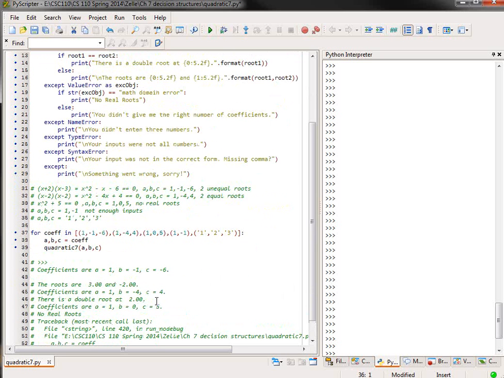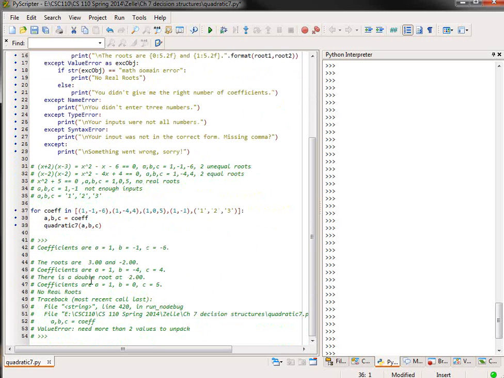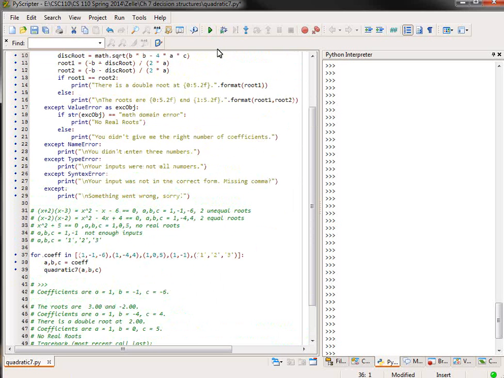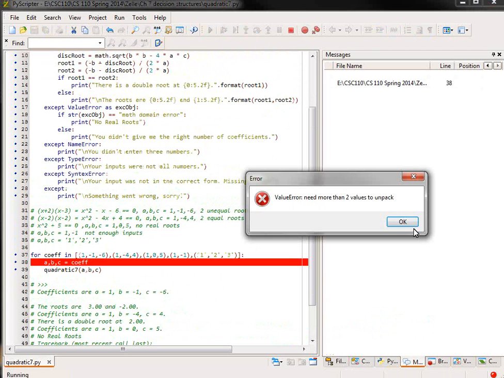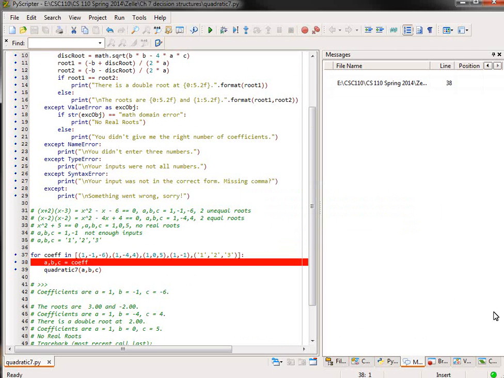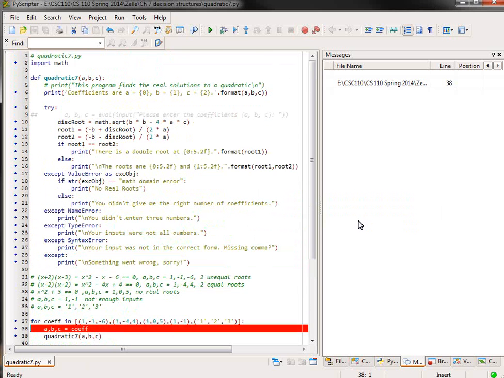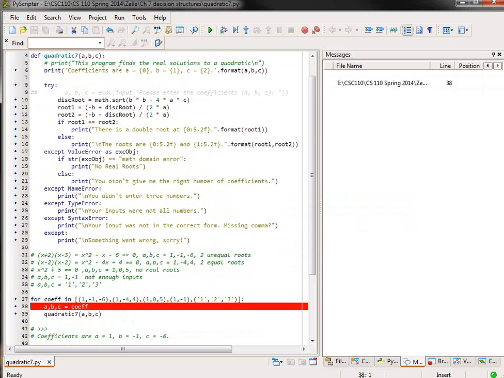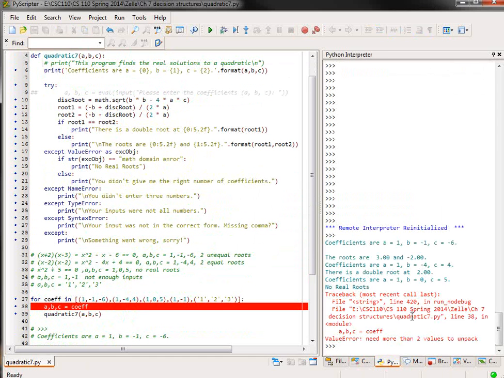Okay, so let's run this, and the output is here, but let's just run it and you'll see what happens. What happened here is it correctly computes the first root, which are unequal real roots.